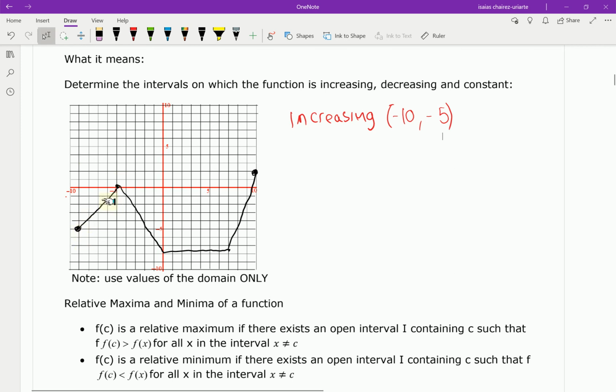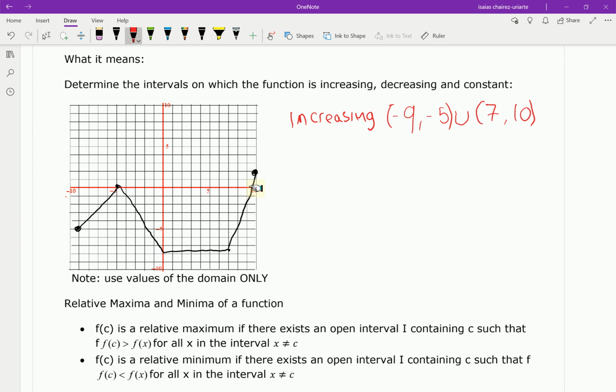I need to know further to the left here. It's kind of ambiguous. So from -10, sorry, not -10, it's supposed to be -9, from -9 to -5, my function is increasing. And we said that the function is also increasing from 7 all the way to 10. Those are the intervals in which my function is increasing.